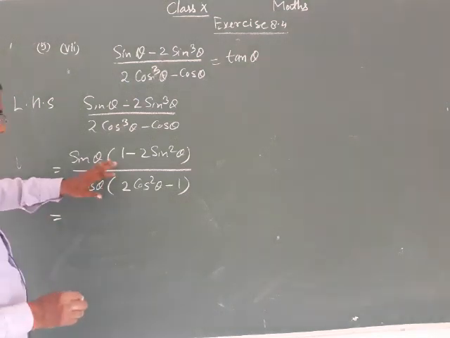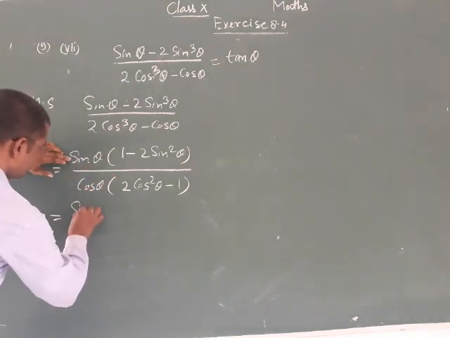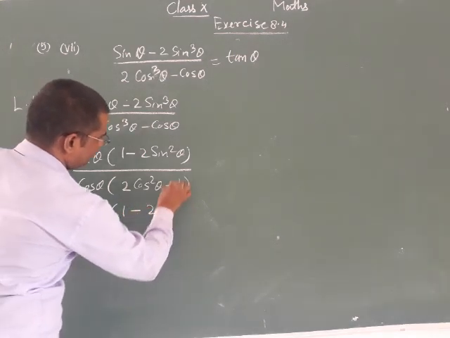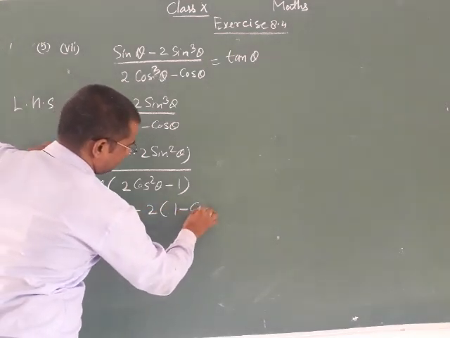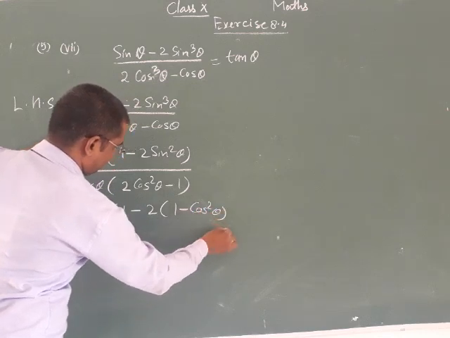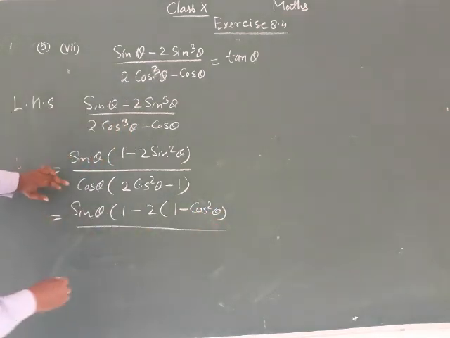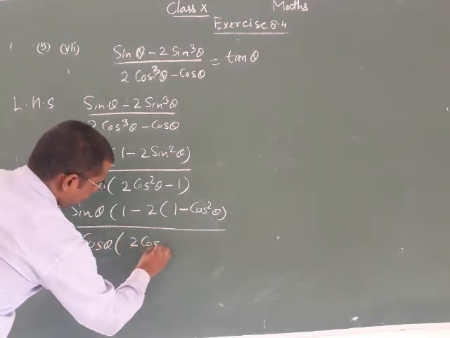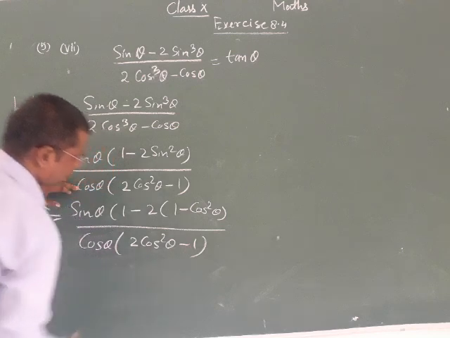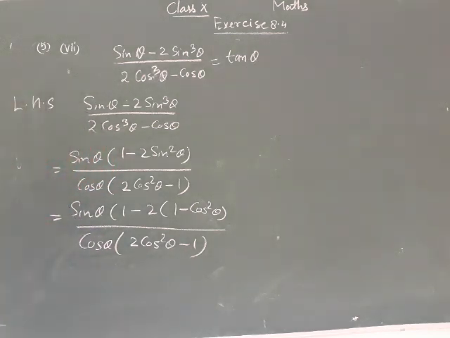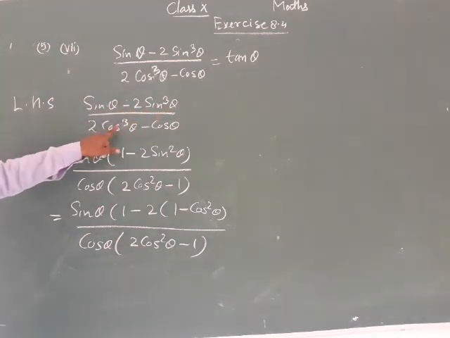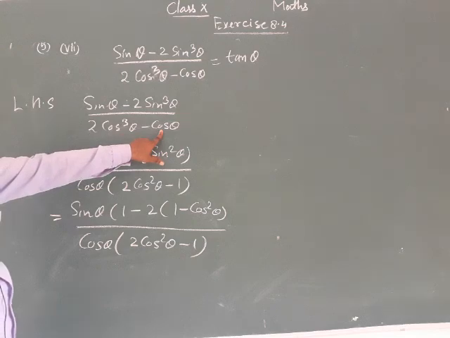Also, in the numerator we can write 1 minus 2 times (1 minus cos square theta) by identity.